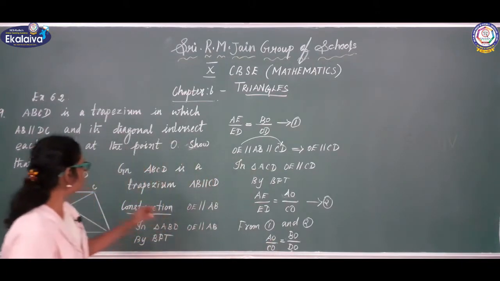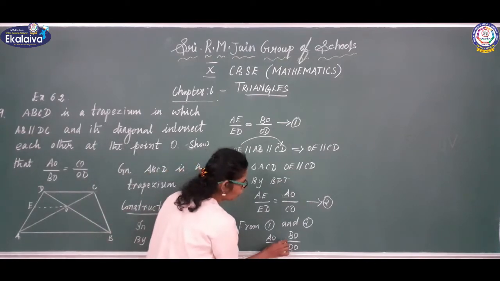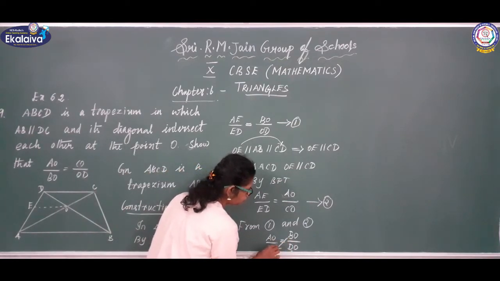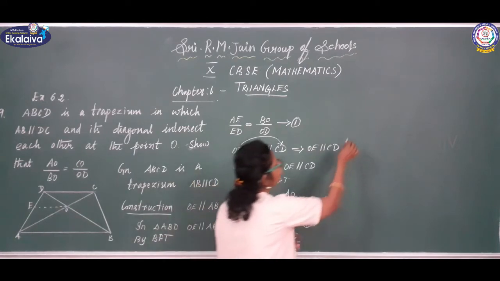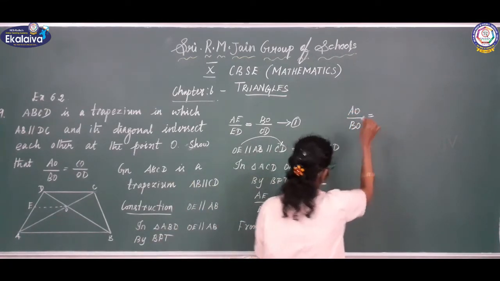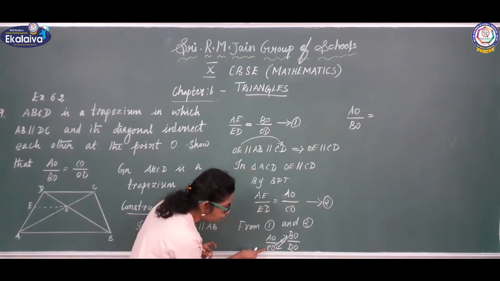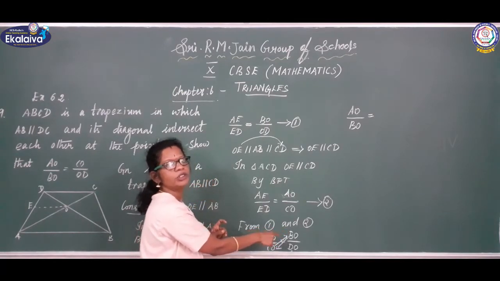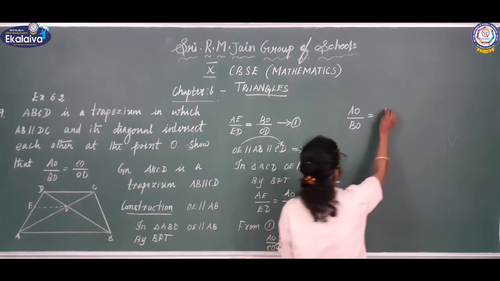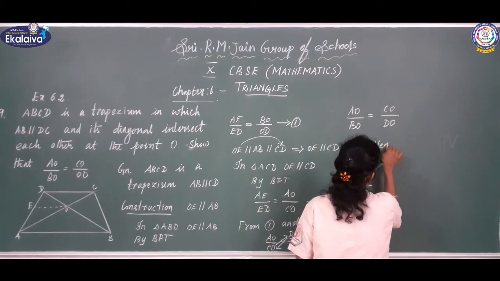Now, what is our result? AO by BO equal to CO by OD. Just interchange, that's it. AO by BO equal to, the left hand side denominator will move to the numerator, CO by DO. Hence, proved.